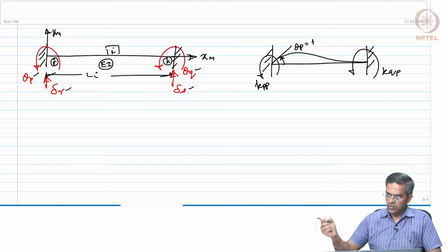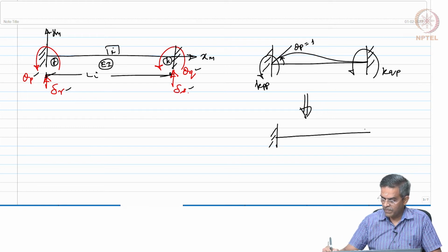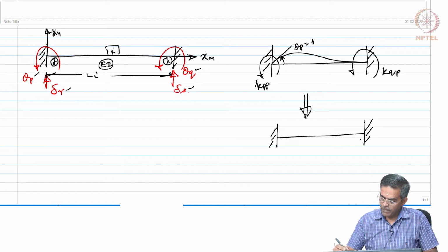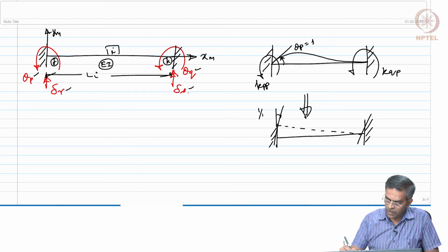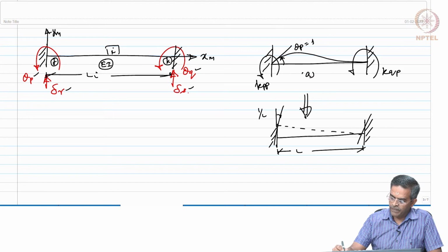If this is true, then suppose I have a beam where the rotation is 1 by L, where this is L. So, this is figure A.